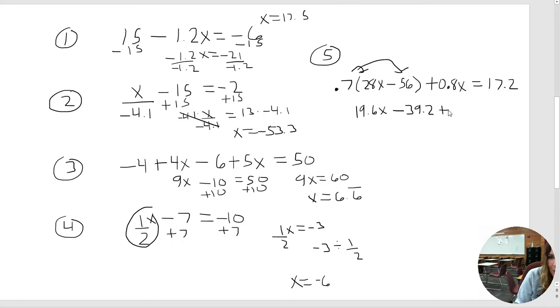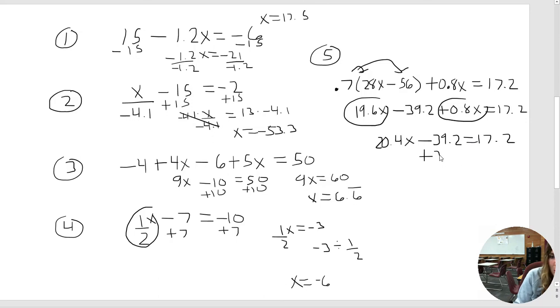Then you have plus 0.8x equals 17.2. So now you're going to combine like terms. The 19.6 gets combined with the 0.8. And that gives you 20.4 times x minus 39.2 equal to 17.2.